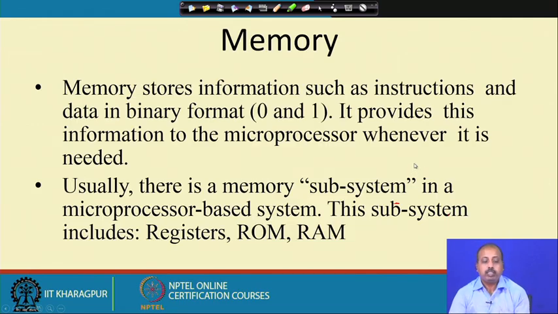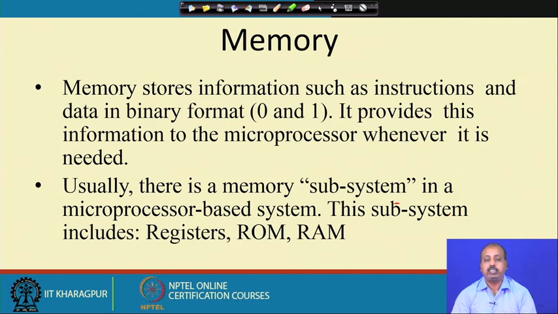If we look into the memory in more detail, memory stores information such as instructions and data in binary format, and it provides this information to the microprocessor whenever it is needed. As I said, when the microprocessor is reset, it will be programmed to access a particular memory location.